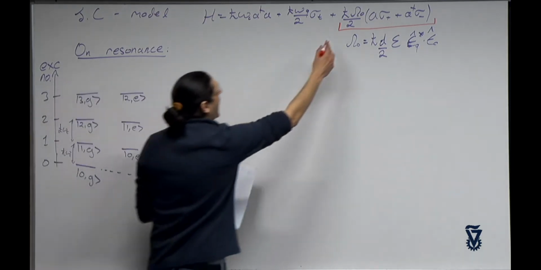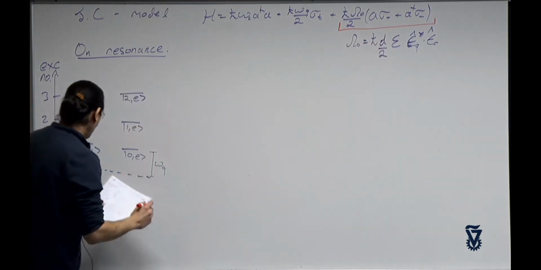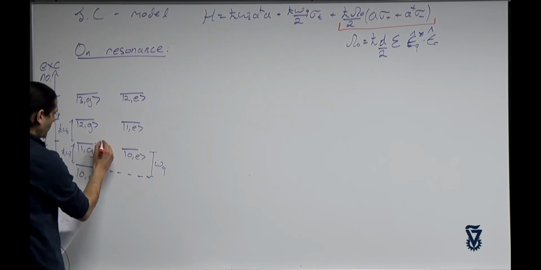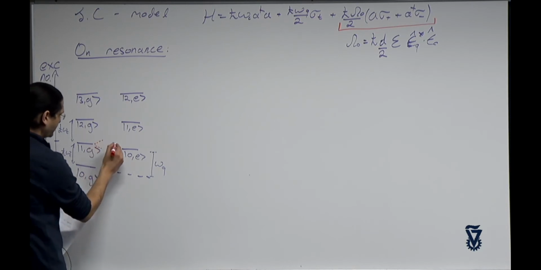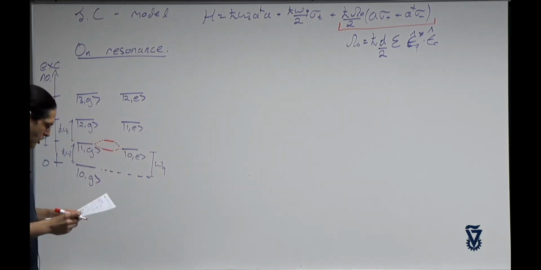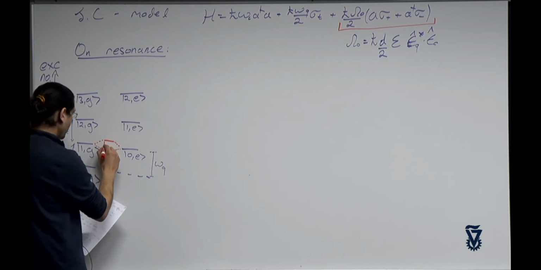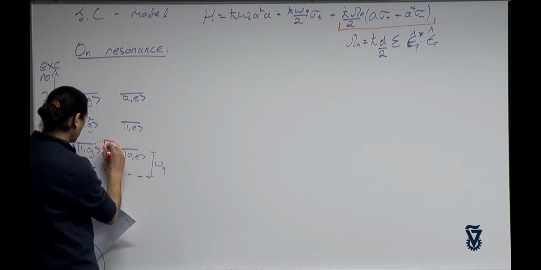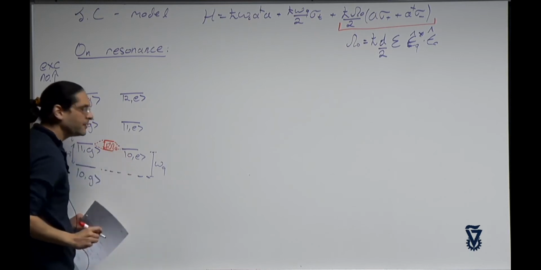So when we now add the interaction, these two levels are going to interact and split. So now instead of two degenerate levels, you're going to have two levels, and these levels are going to be separated by square root 1 of omega naught.